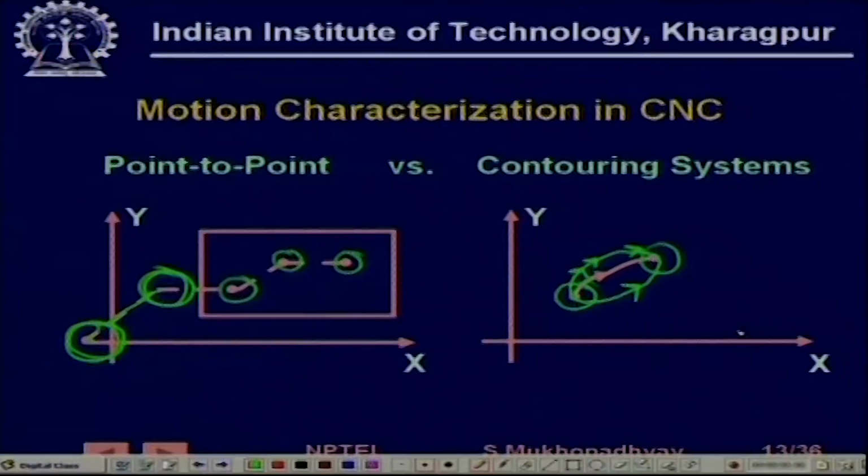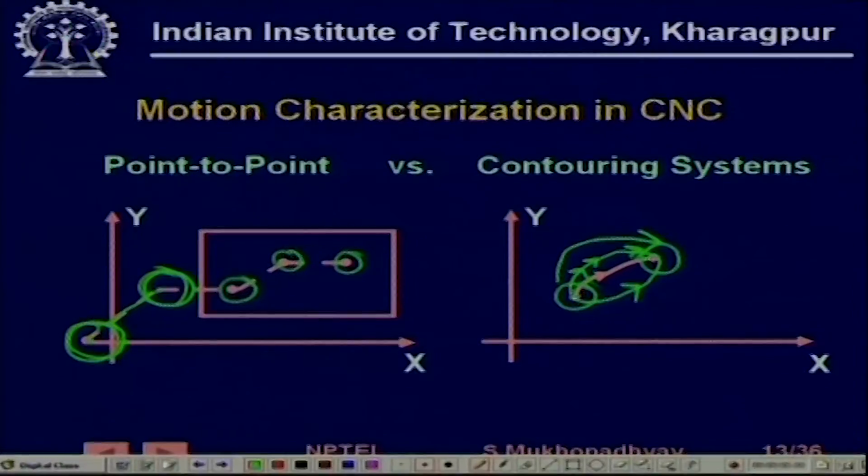That depends on what you have specified. If you have specified a clockwise arc, then this will be drawn. If you have specified an anti-clockwise arc, then this will be cut. These are called contouring systems. You can note that here the controlled cutting goes on throughout the journey, and to achieve certain kinds of profiles like a circle, the x and y axis drives for the table have to be very coordinated to get that contour.